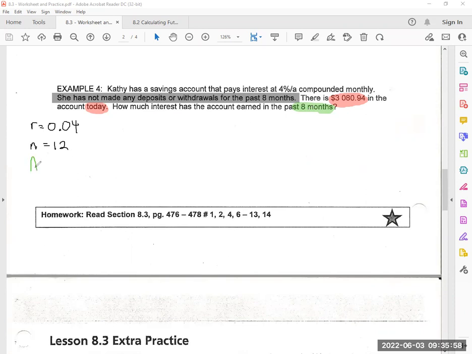So the final amount is going to be $3,080.94. I do not know what the principal is. We're going to need that if we want to calculate interest. Time. Time is 8 months, which is how many years?